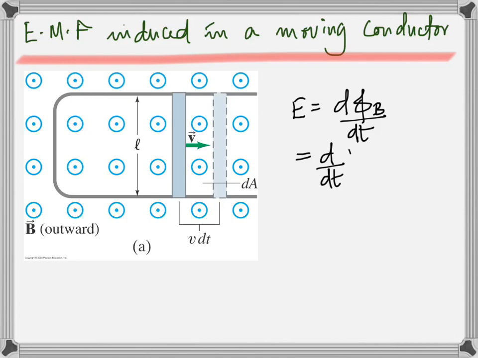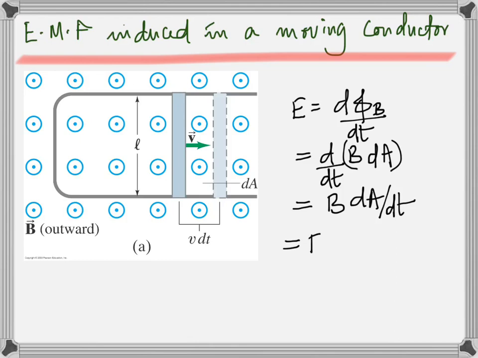Maybe I'll remember and put it. Okay, and phi B is B dA, because B is constant. Isn't it a constant magnetic field? So B is constant and it's the area that's changing. So you get B dA by dt.